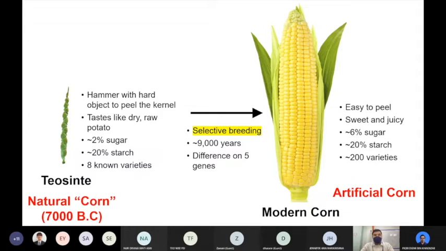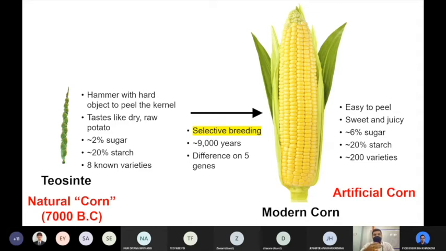This is through selective breeding technique, in which the genetic content of the plants has been altered through these conventional techniques to create crops that are more suitable for our consumption. When we talk about natural corn, someone might actually refer to teosinte, and the one that we have is actually artificial corn, in the sense that there's human intervention in creating this crop.